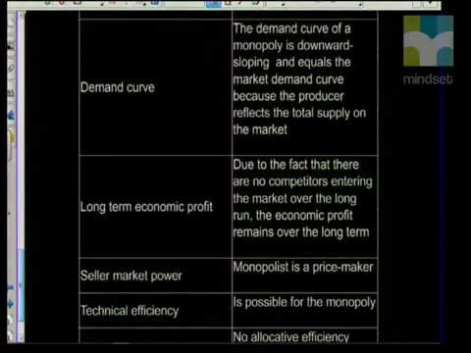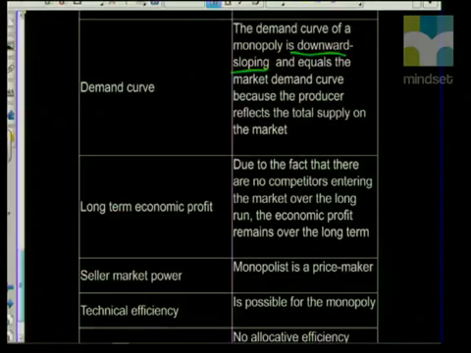The demand curve of the monopolist is a downward sloping demand curve. Remember from our discussion earlier on, where I showed you the relation between the market demand and the demand of the individual firm in the market. He has to take the price. He doesn't have any control over the prices.